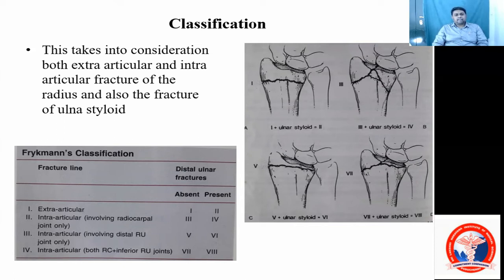Type 5 is intra-articular fracture, where the fracture line passes into the radio-ulnar joint without ulnar styloid process. Type 6 is the intra-articular fracture with ulnar styloid process. And type 7 is intra-articular, where the fracture line passes through both the radiocarpal and radio-ulnar joints, with and without the ulnar styloid process fracture.